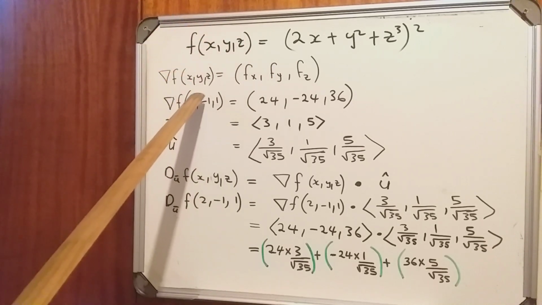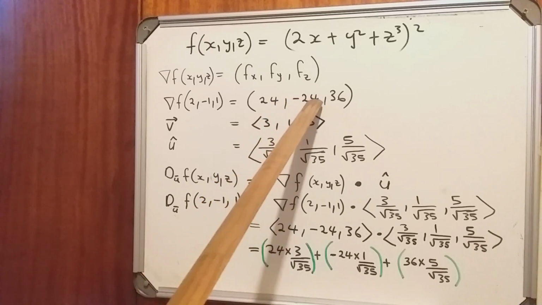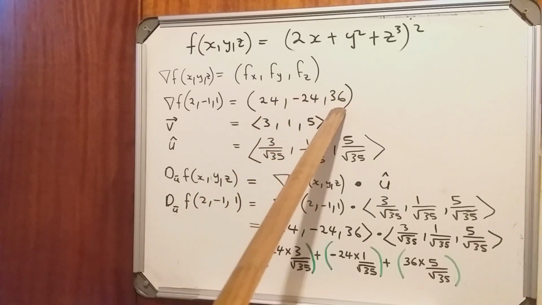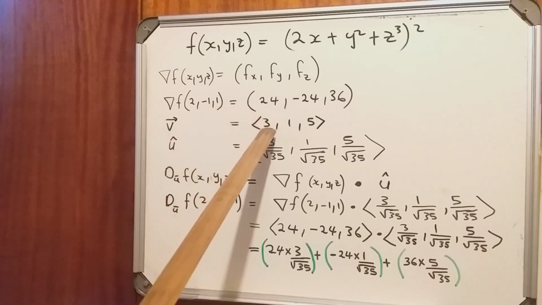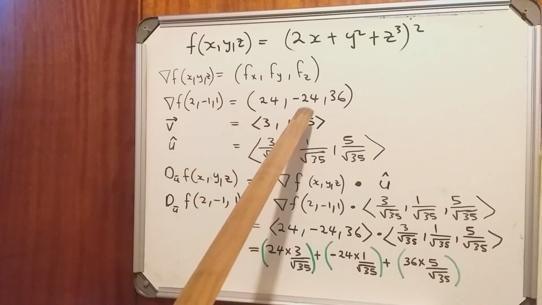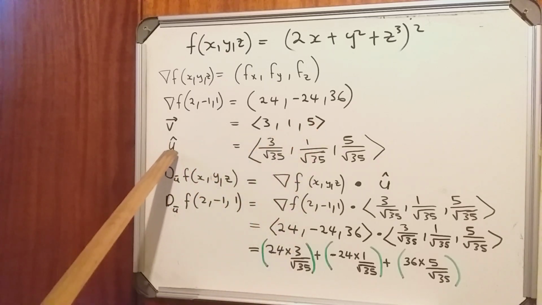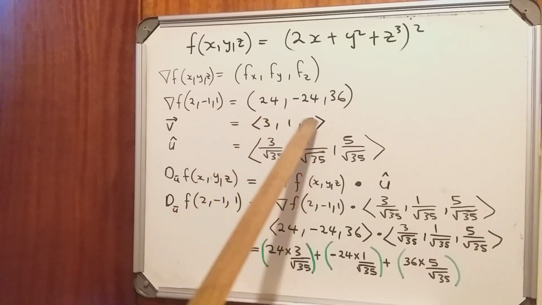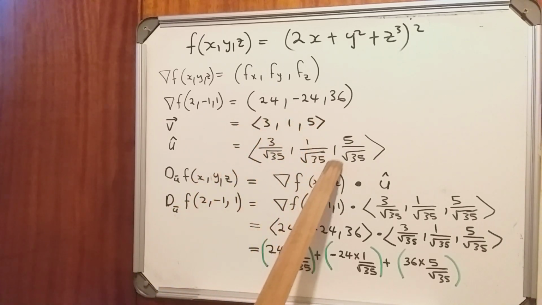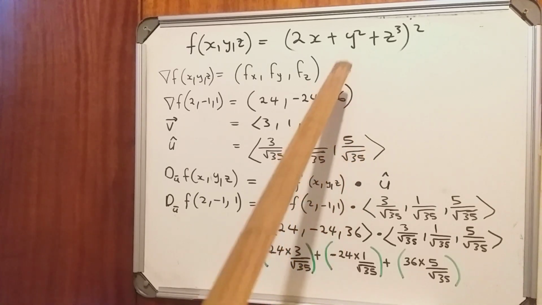We know the gradient at this point was 24, -24, 36. The vector we were given in the direction is 3i plus j plus 5k. We calculated the unit vector: 3 over the magnitude of the vector, 1 over the magnitude, and 5 over the magnitude.